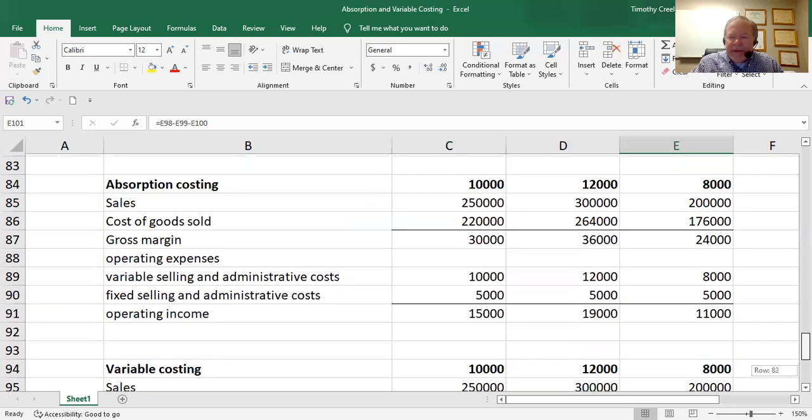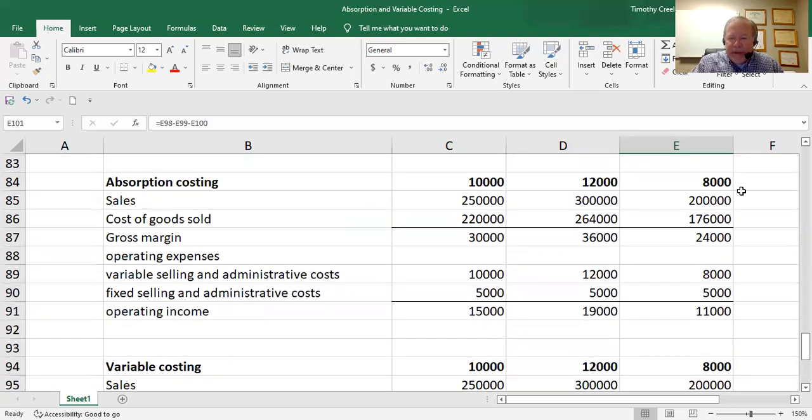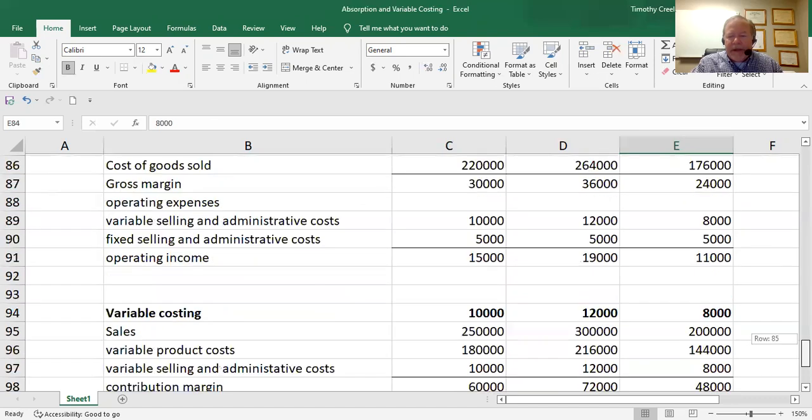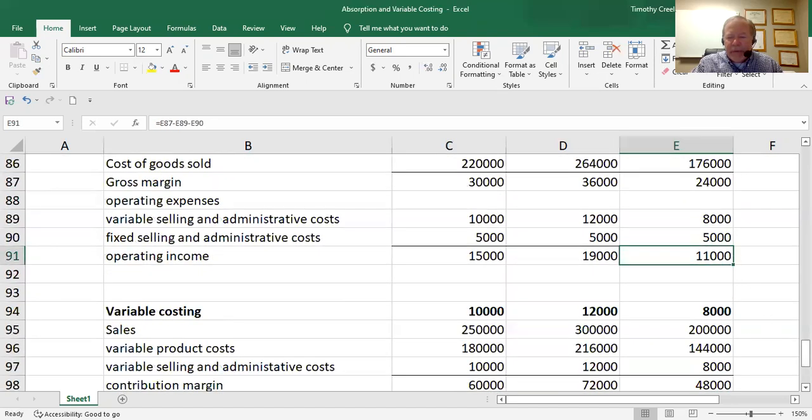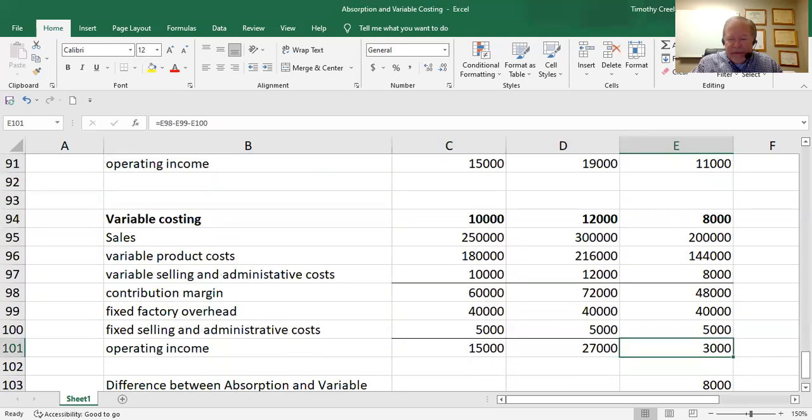Okay, now notice that again, when we produce more than we sell, we're producing 10,000 units, only selling 8,000, operating income will be higher under absorption rather than variable. And this is kind of what I was saying earlier, that if you overproduce, if you produce more than what you sell, you're going to have better operating income under absorption than variable.